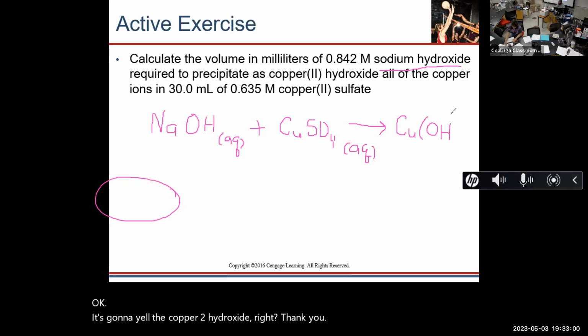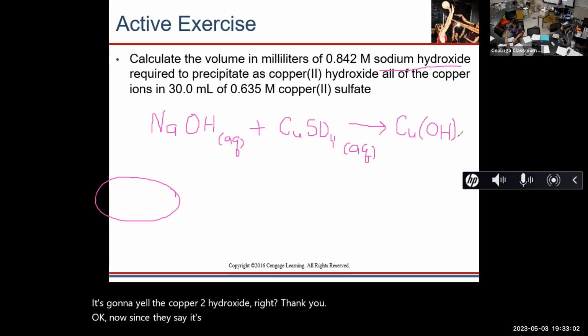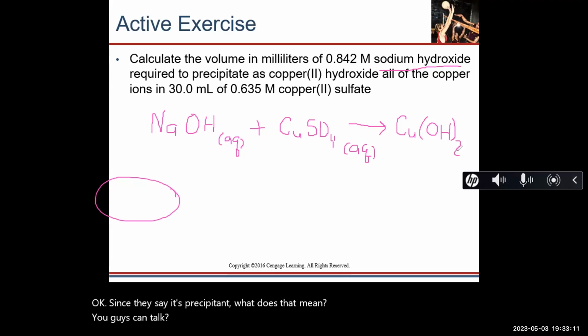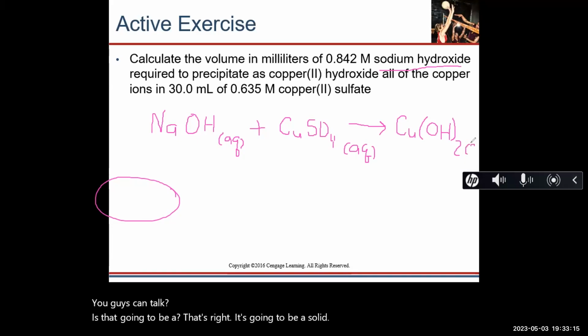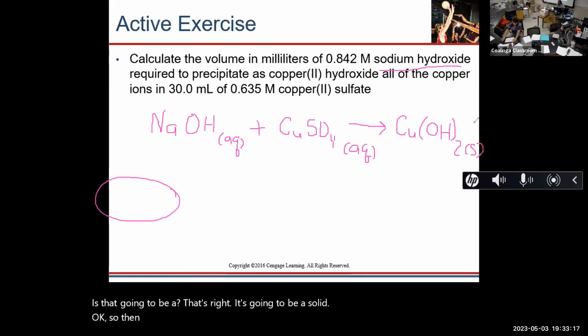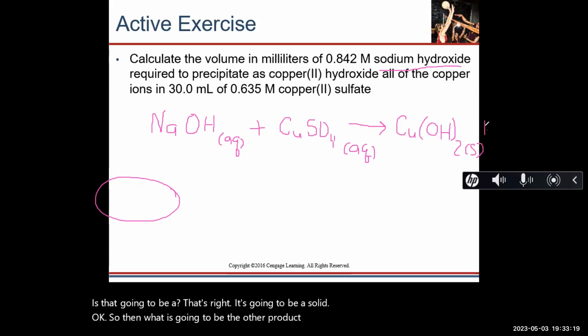Okay, now since they say it's precipitant, what does that mean? It's a solid. That's right, it's gonna be a solid. Okay, so then what is gonna be the other product? It's gonna be Na2SO4.